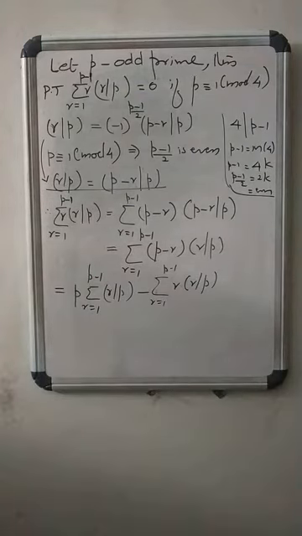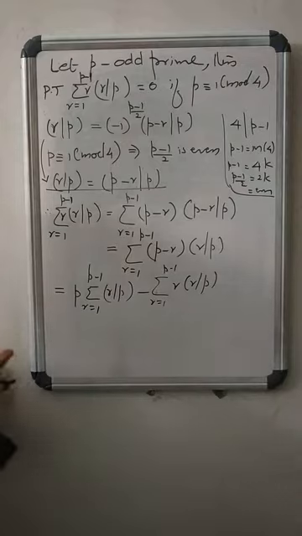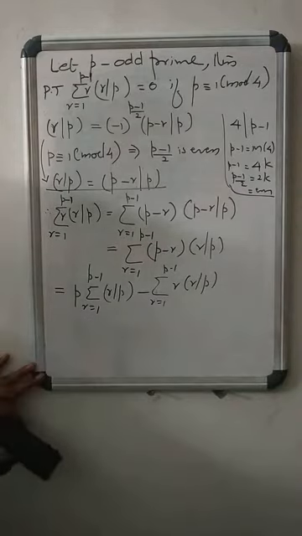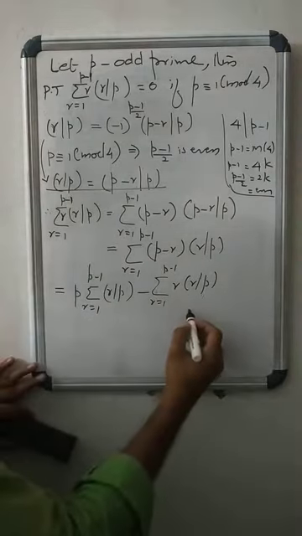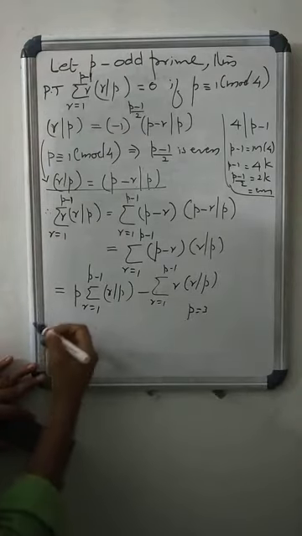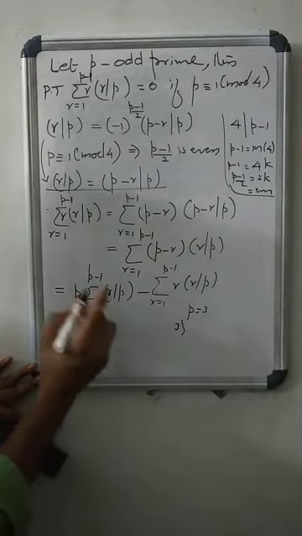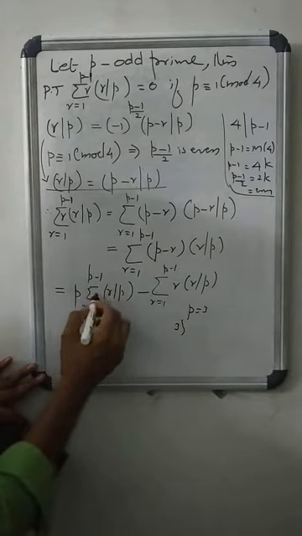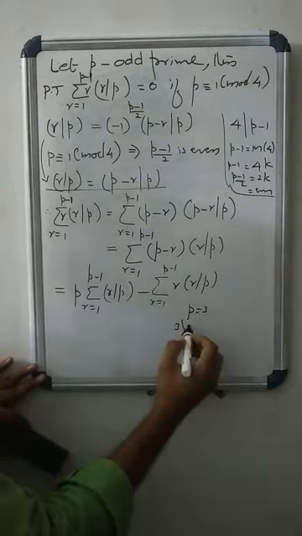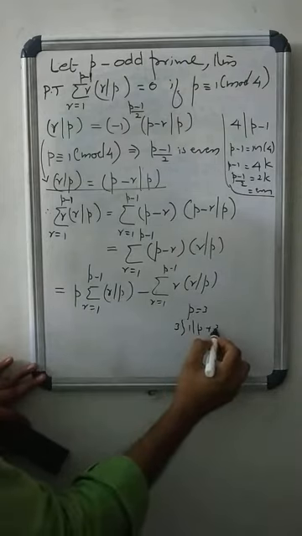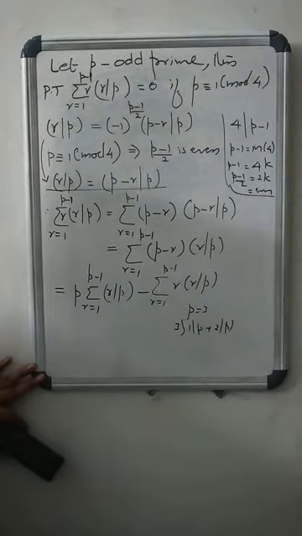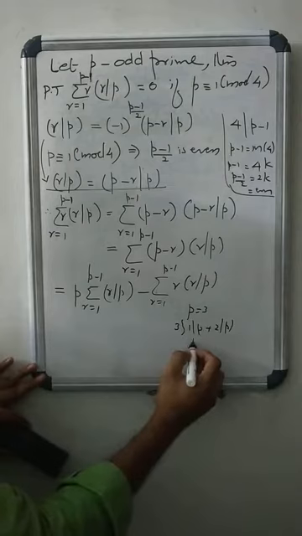Do you have any doubts? Let's prove by an example. Suppose p equals 3, then it is 3 into, what is the first term? r equals 1 to 2, that is p minus 1. So it is 1 by p plus 2 by p. What is 1 by p? 1 by p is 1.